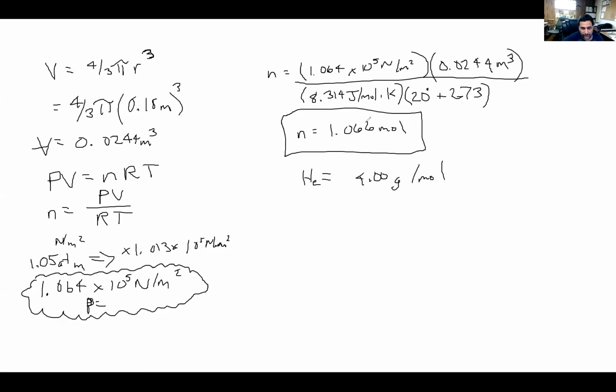So if you have the number of moles and you know it's 4 grams per mole, the mass of helium that you need is 4.26 grams. Okay.